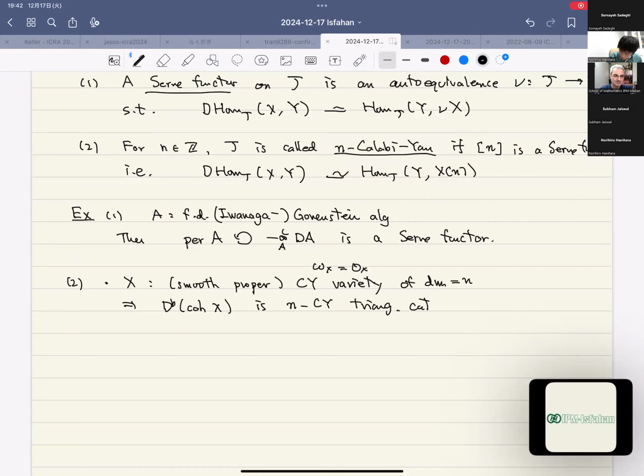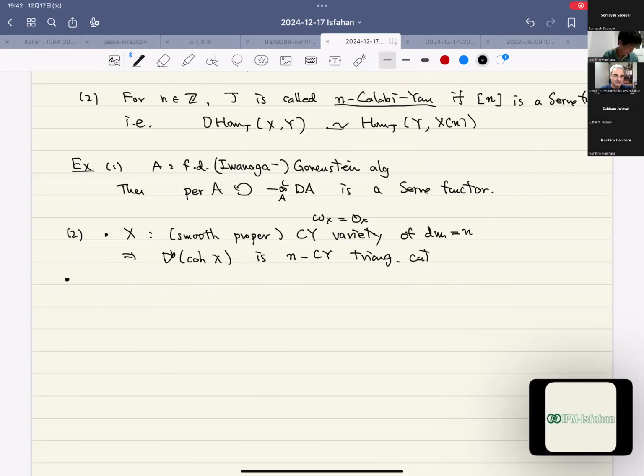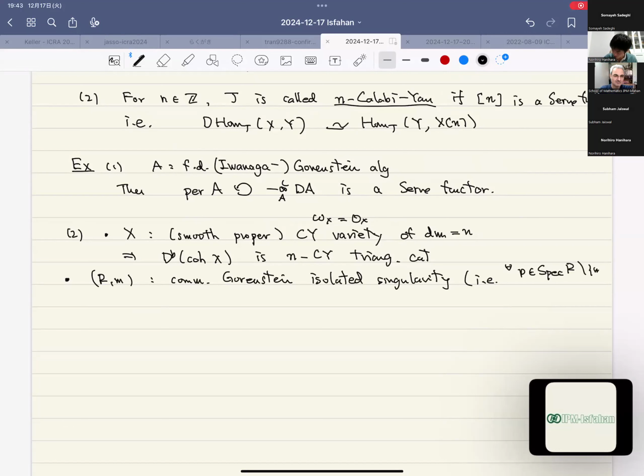In representation theory, one of the classical examples comes from commutative algebra, namely let R be a commutative Gorenstein isolated singularity, which means that for any non-maximal prime ideal, the localization is regular.